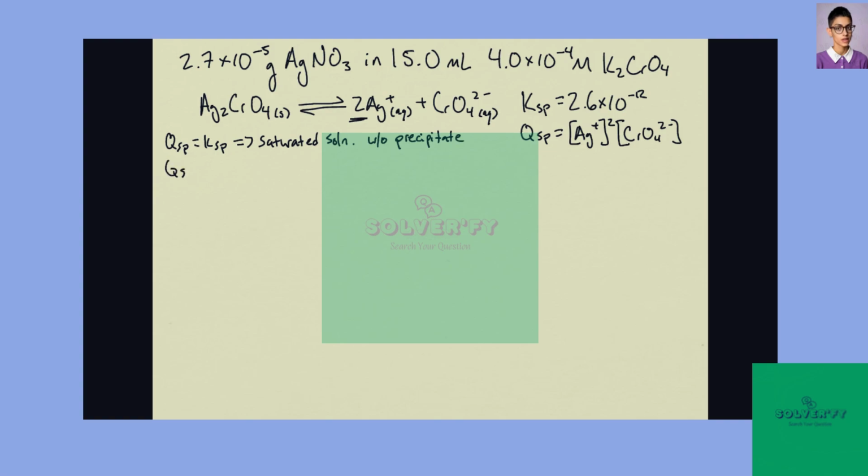If the QSP is greater than the KSP, then we'll have a saturated solution with a precipitate. And if the QSP is less than the KSP, then we'll have an unsaturated solution, meaning we will have no precipitate.